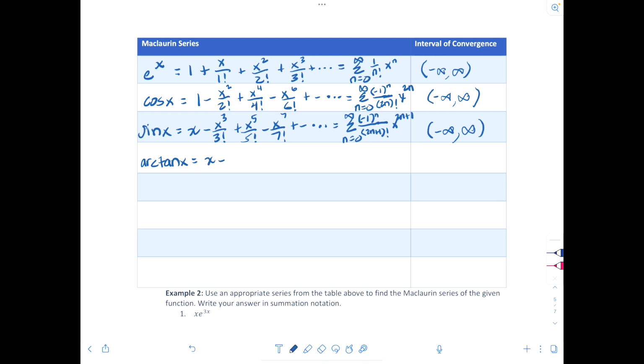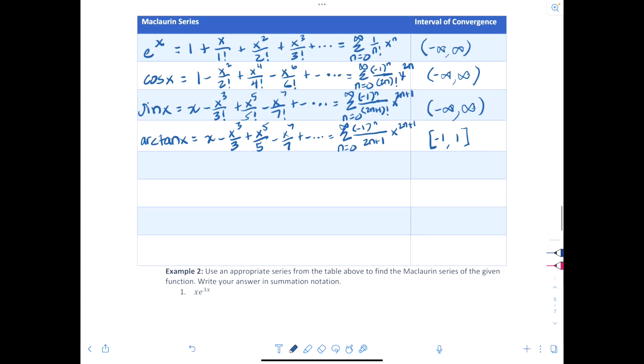So we'll have x minus x cubed over 3 plus x to the 5th over 5 minus x to the 7th over 7 plus minus dot dot dot, which is equal to the summation as n goes from 0 to infinity of negative 1 to the n over 2n plus 1 times x raised to the 2n plus 1, and I actually don't need parentheses around that 2n plus 1 because it's not a factorial. And this one has a radius of convergence from negative 1 to 1 inclusive.